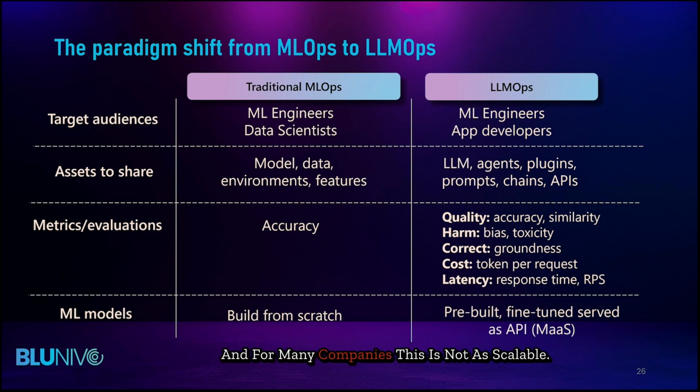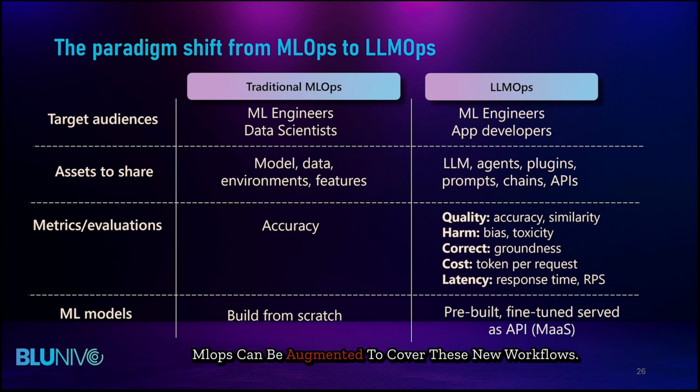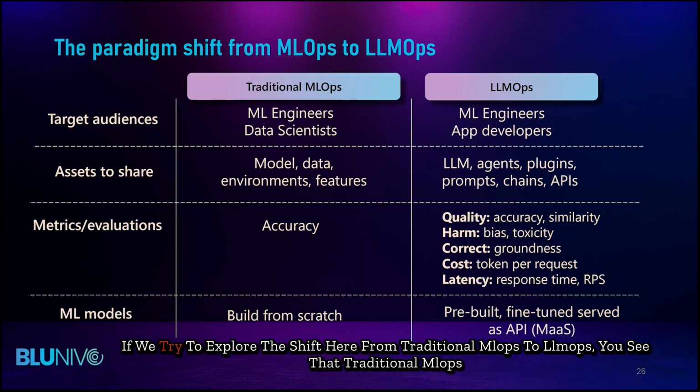And for many companies, this is not as scalable. Honestly, we see most of them are looking for guidance on how their existing MLOps can be augmented to cover these new workflows.